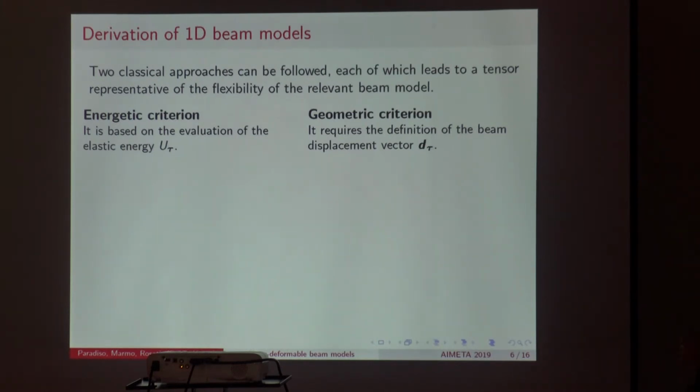In the first one, you evaluate the elastic energy, and you enforce that the displacement associated with shear stresses, both deriving from the shear force and from the torsion, gives you an energy that is equivalent to the one of the 3D model. We are not dealing with displacement due to bending because this property is already accomplished.